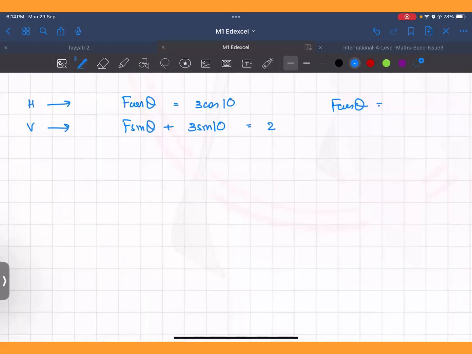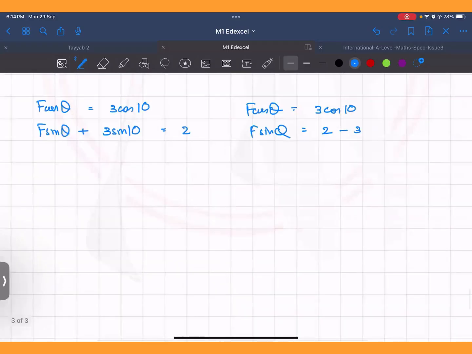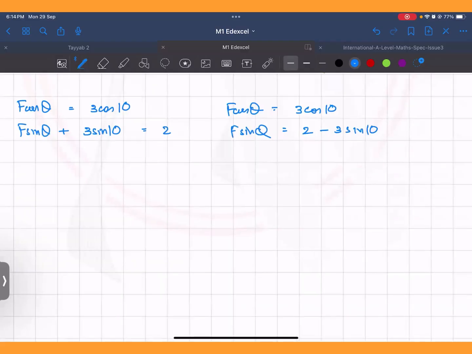For the first one, you can't do anything more to that. For the second one, you can do f sin theta equals 2 minus 3 sin 10. And now to solve it simultaneously, there is one way where you divide both equations by each other.